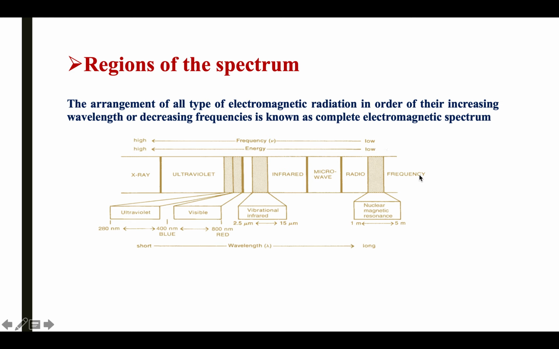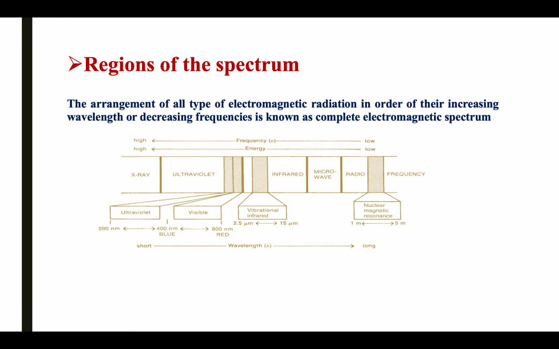On the right-hand side, it's a lower frequency, meaning lower energy. So lower energy is responsible for nuclear magnetic resonance. The wavelength is generally very long, that is 1 meter to 5 meter. In this range, only nuclear spin orientation is happening.